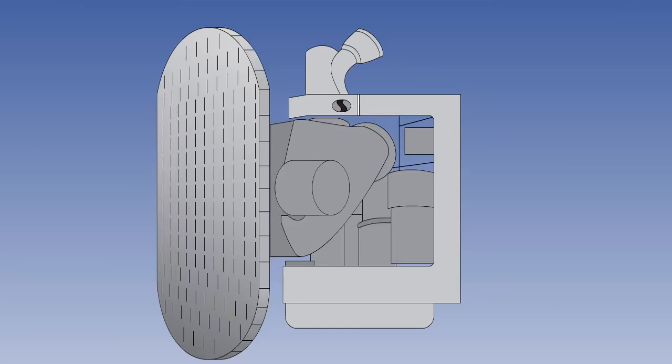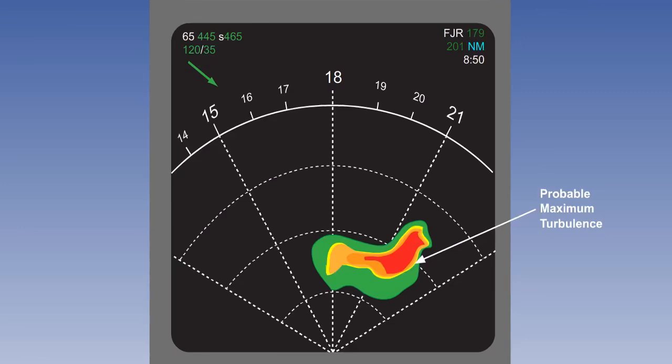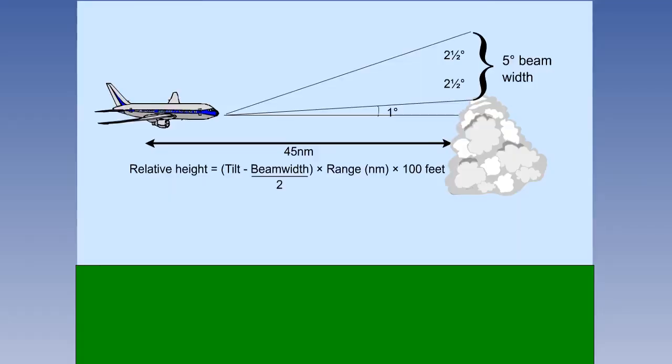The scanner is stabilized to the Earth horizontal in pitch and roll. Turbulence is indicated either by a steep color gradient or by a magenta coloration. The relative cloud height in feet is given by tilt minus half beam width times range in nautical miles times 100.